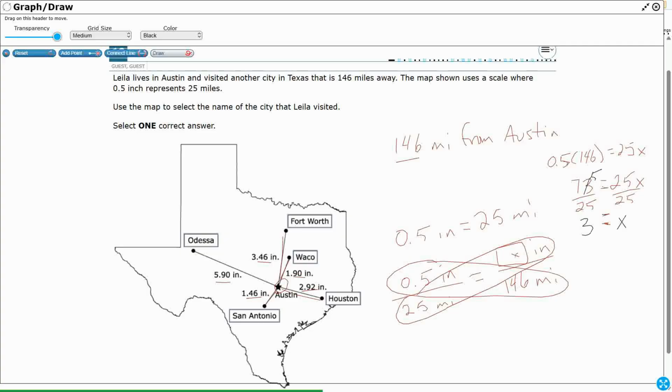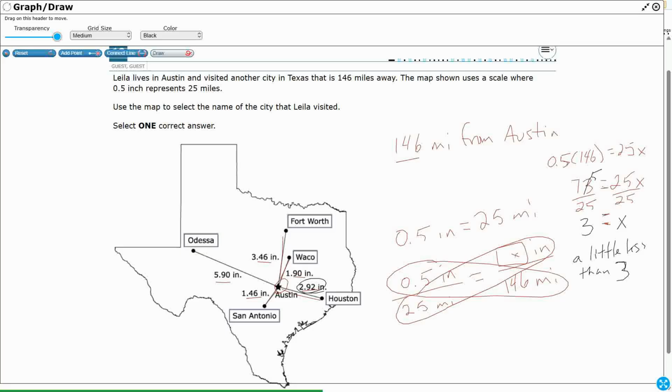X would be 3. So since it's a little bit less than 75, I'm going to say a little less than 3, because it was really 73, not 75. And so what we have is a little less than 3. Really, it looks like that Houston, the 2.92, is going to be the best.